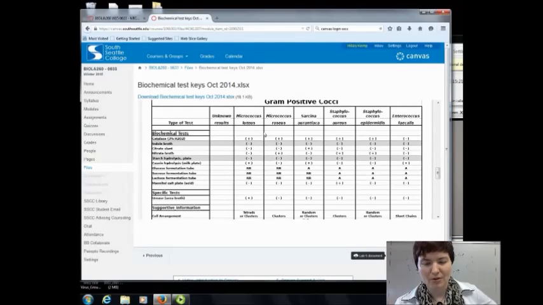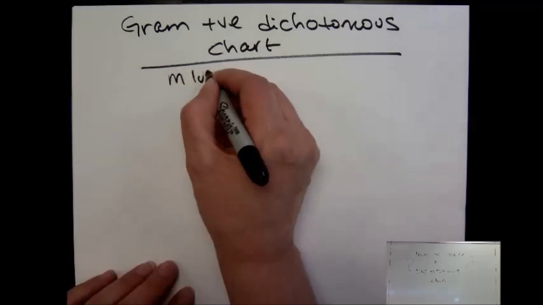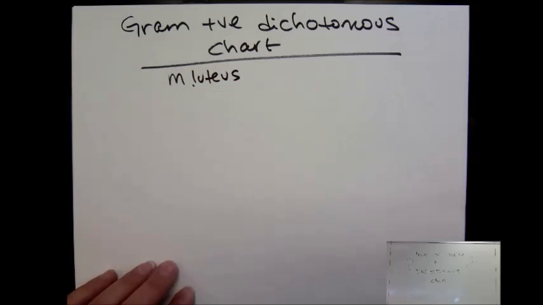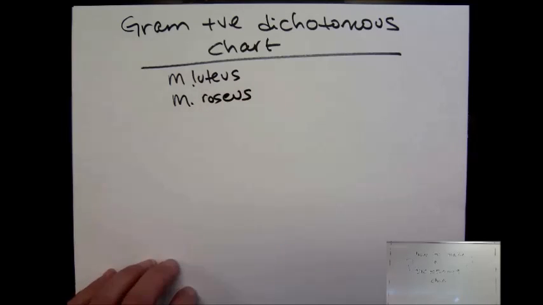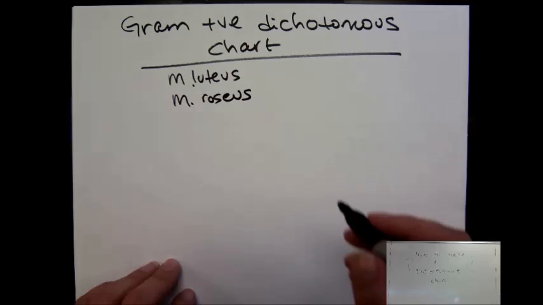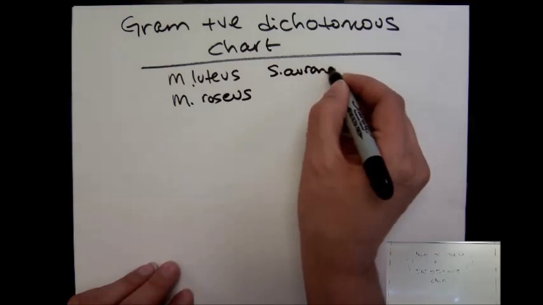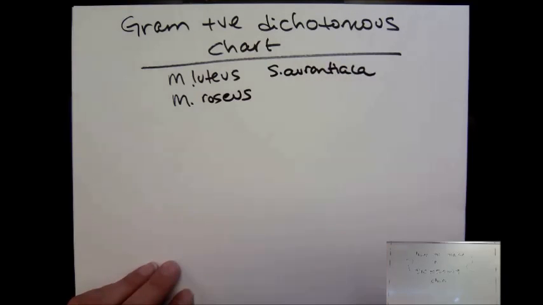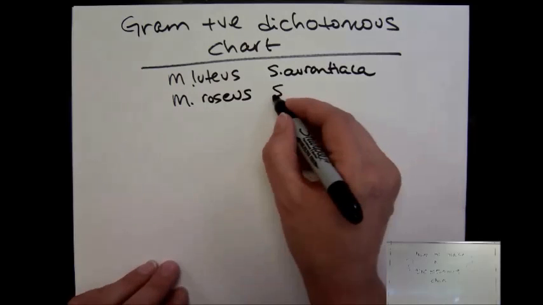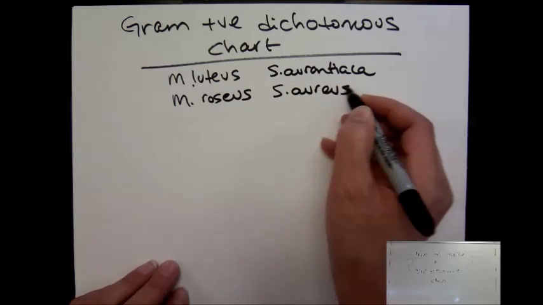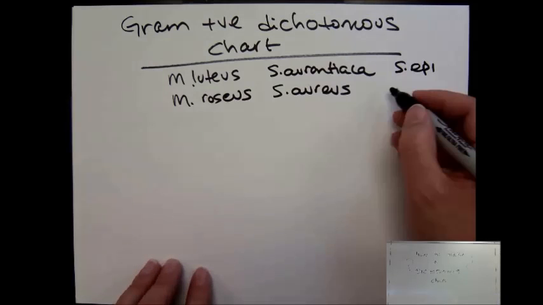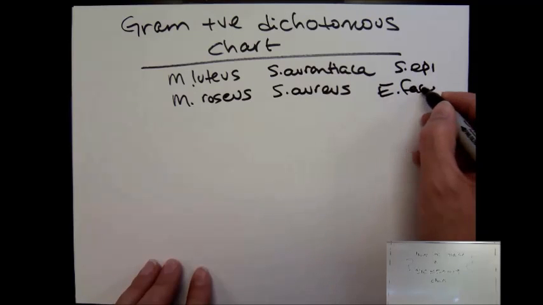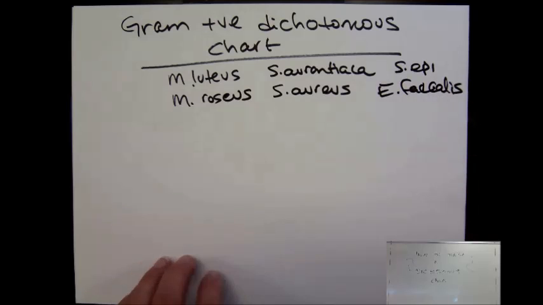So I'm just going to write down these 6: Micrococcus luteus, Micrococcus roseus, Sarcina aurantiaca, Staphylococcus aureus, Staphylococcus epidermidis, and E. faecalis. Those are all our possible options.